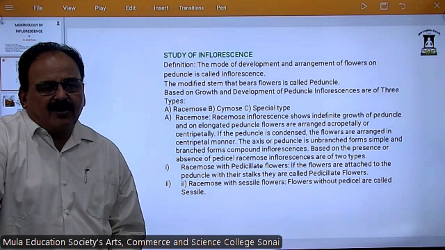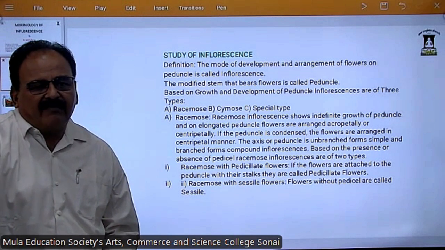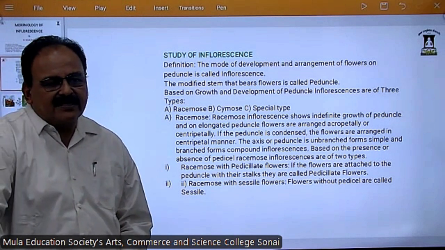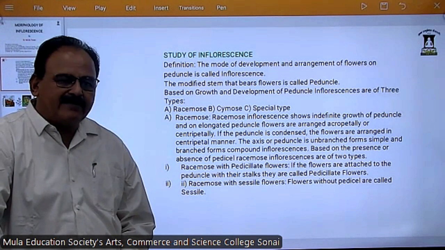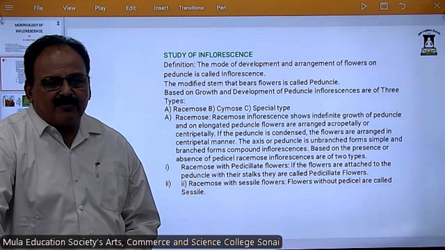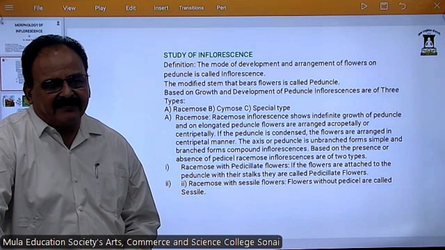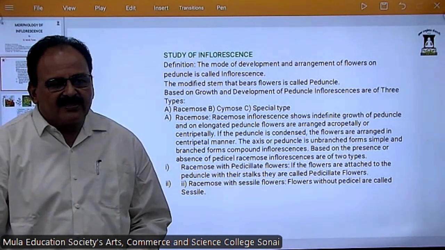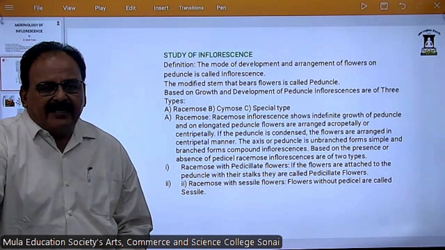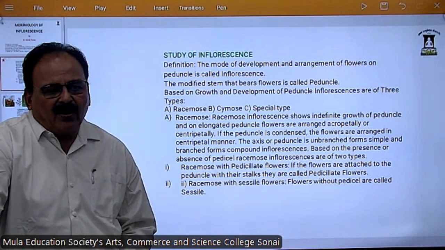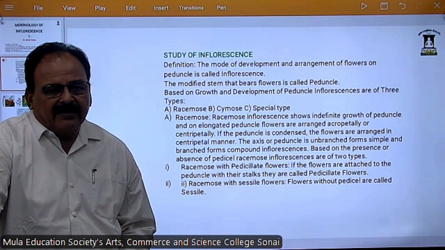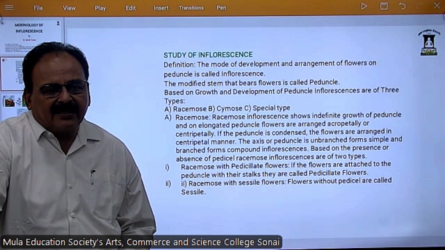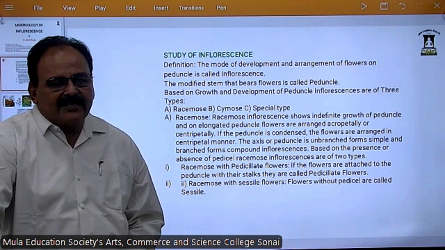Then, based on the growth and development of the peduncle, inflorescence is divided into three main types: racemose, cymose, and special type. In racemose type of inflorescence, it shows the indefinite growth of the peduncle, and on the elongated peduncle, the flowers are arranged acropetally or centripetally.